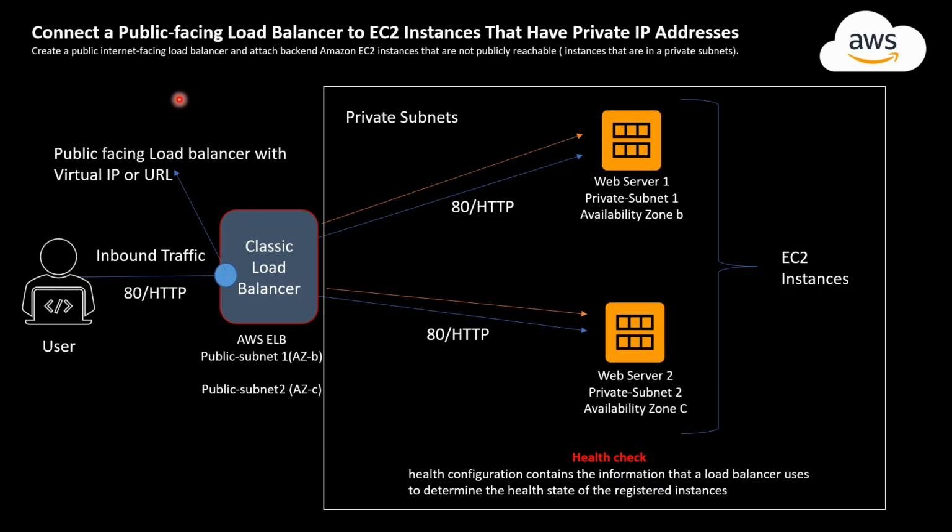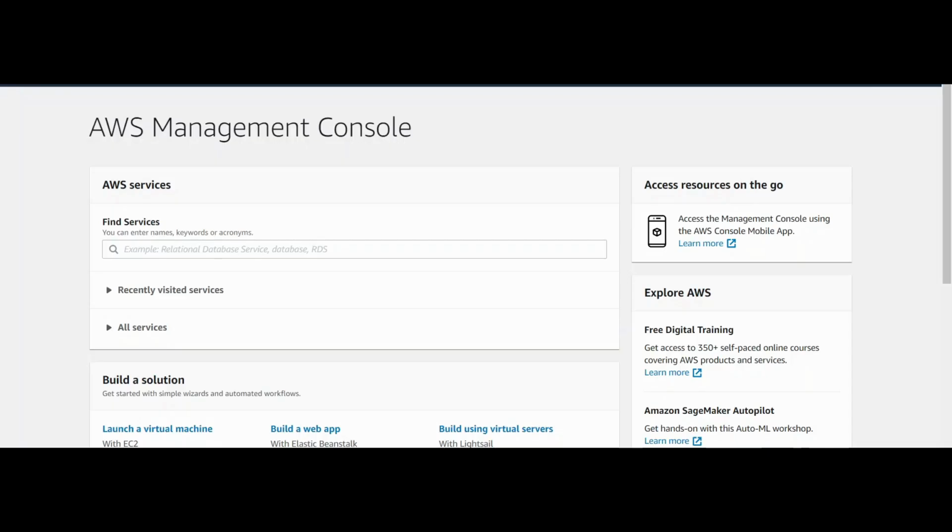We also need a security group for our EC2 instances, and we need to create and run two Apache servers in our EC2 instances. And finally, we create the load balancer with all the configurations.